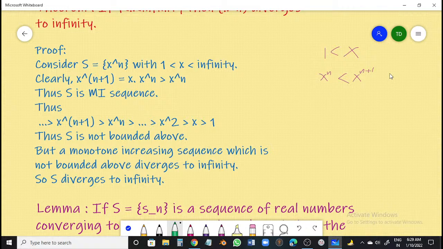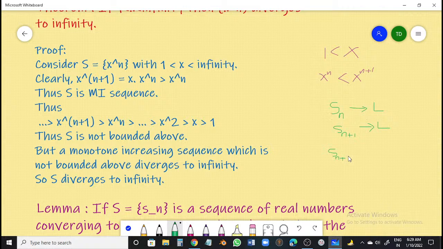If the sequence is bounded above, the nth term will have a limit L. So surely the next term will also go to L only. So S n plus 1 will also go to L. Now what is S n plus 1?